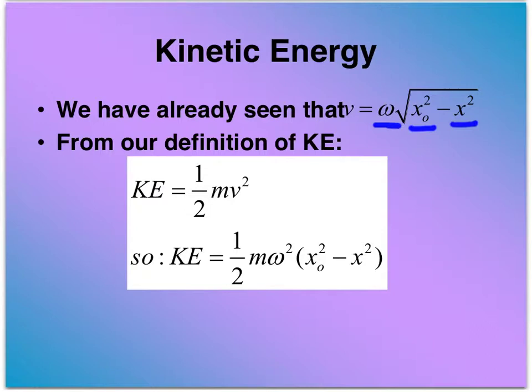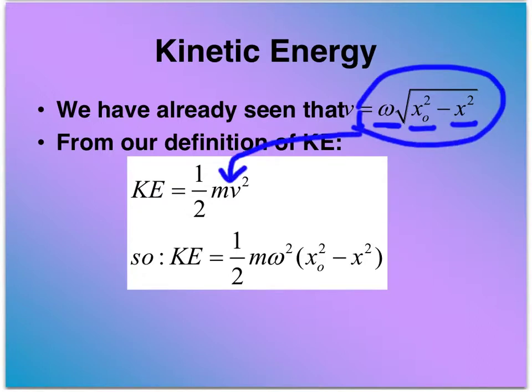If we take this expression and plug it into our kinetic energy equation for v squared, we get 1/2 m omega squared times x sub 0 squared minus x squared.